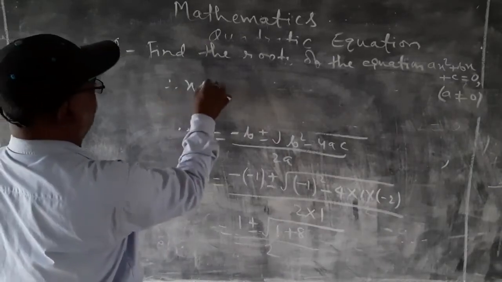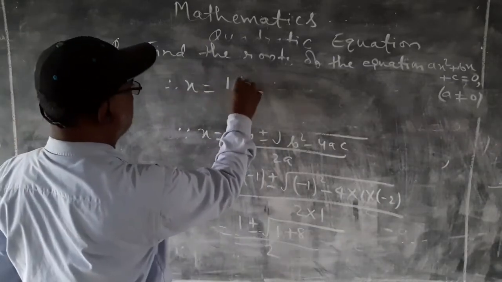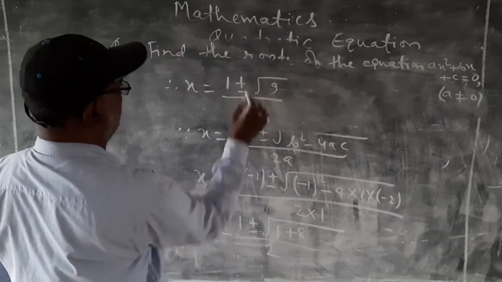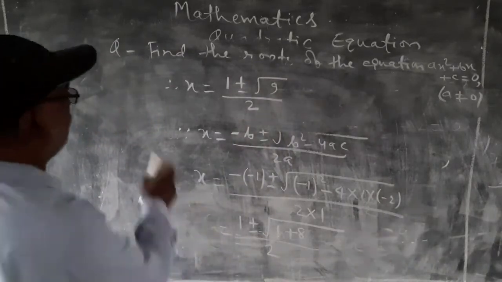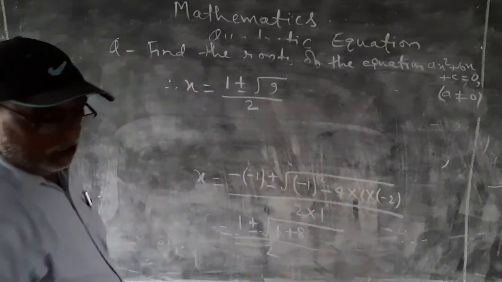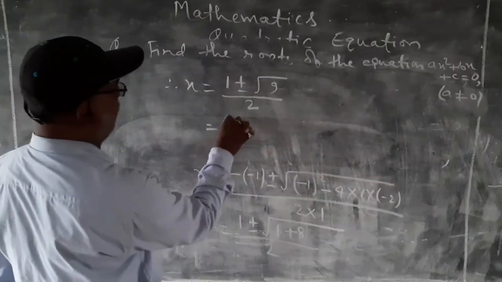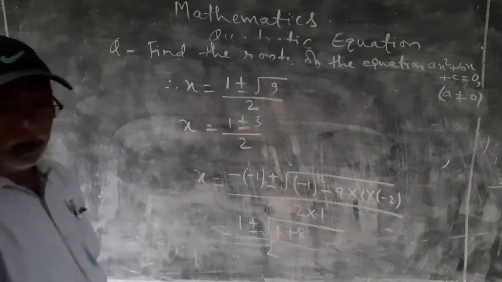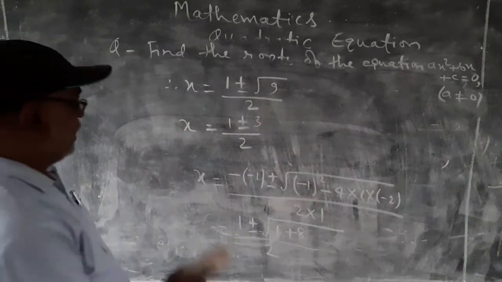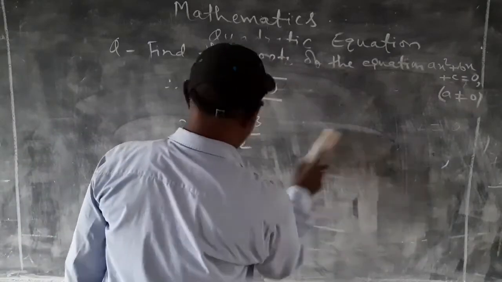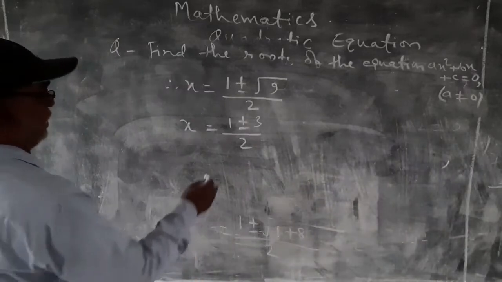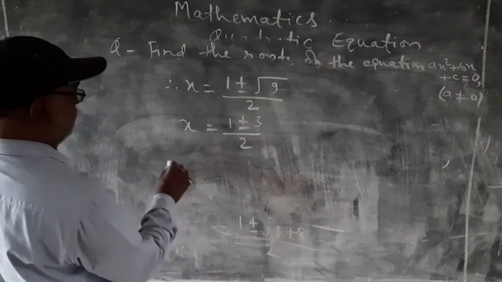Therefore, x equal to 1 plus minus root 9 by 2. And the value of square root 9 is 3. Therefore, it is 1 plus minus 3 by 2. Take plus 3 in one case and minus 3 in the other, and you get the two roots.